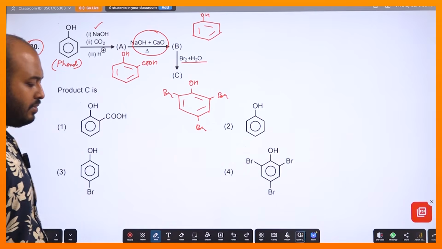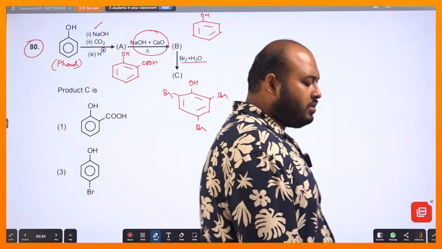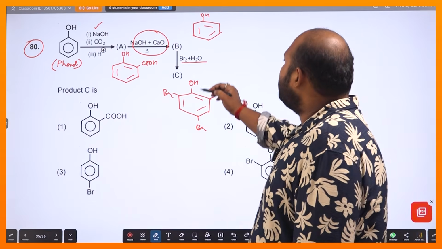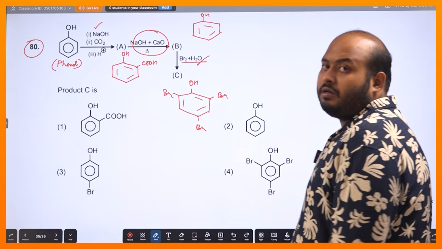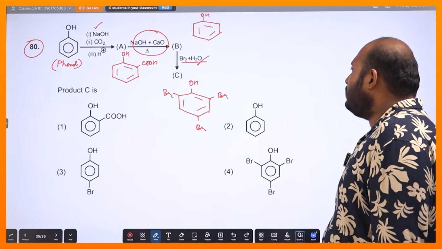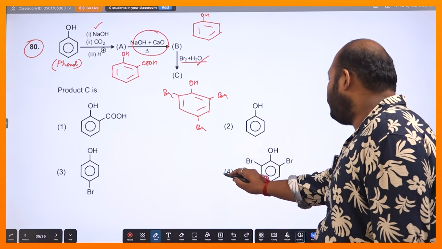As the reaction is in a very activated phenol condition, and also the medium is a polar solvent, 80 will be option 4.